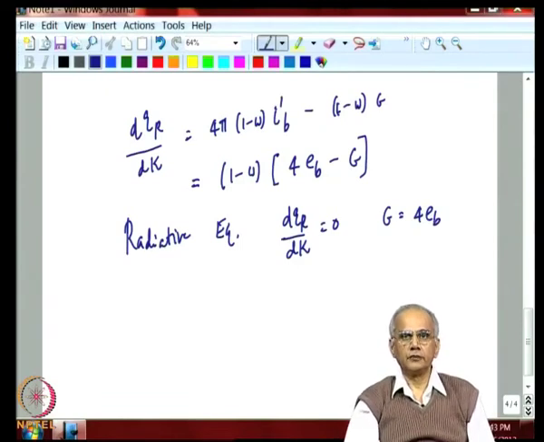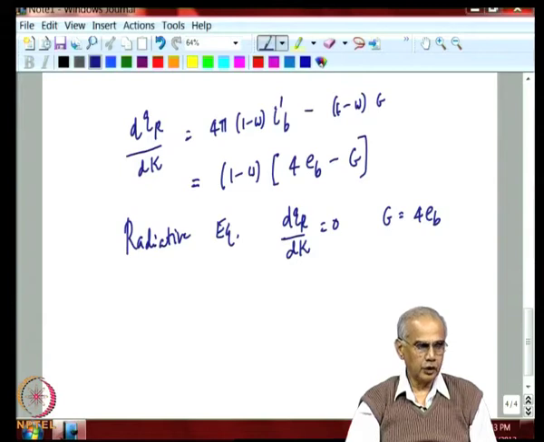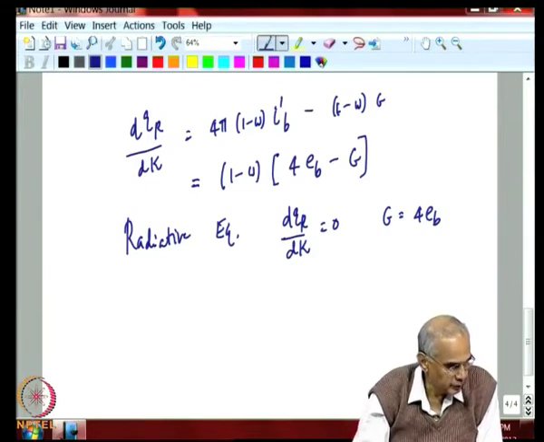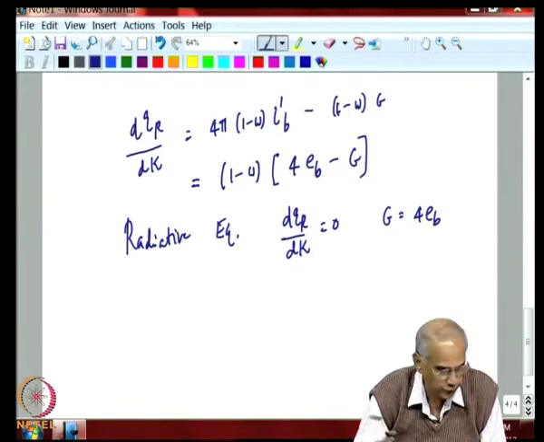So, mean intensity is 4 times the emissive power, black body emission at the temperature of the medium. And this is a very nice result, because if you go back and look at the relation between G and Q, we have shown G equals 4 E b.